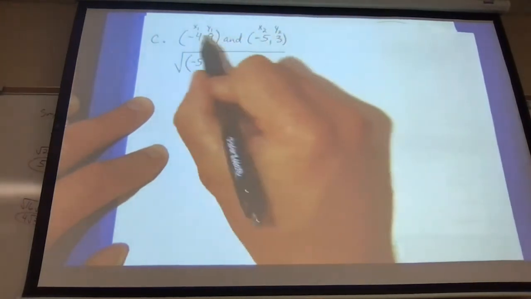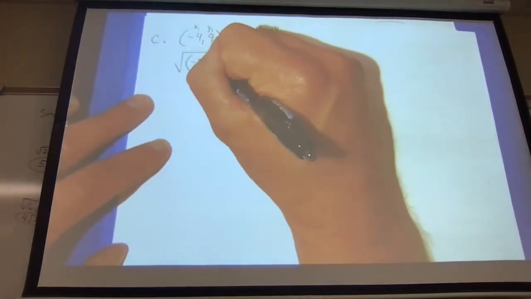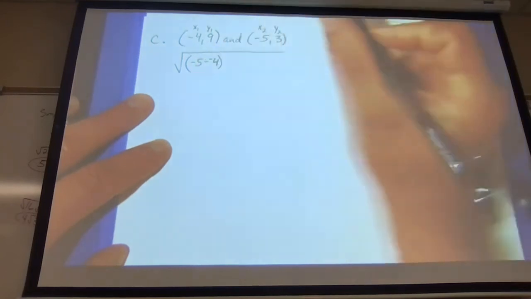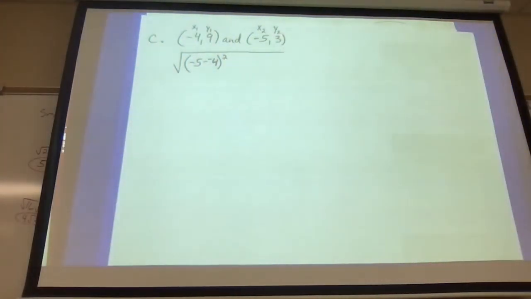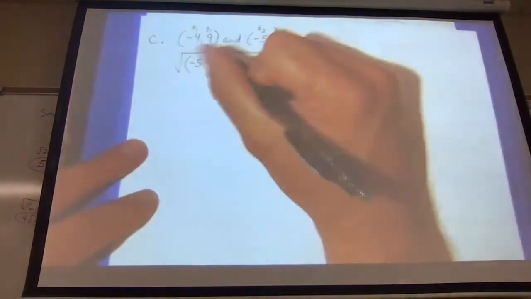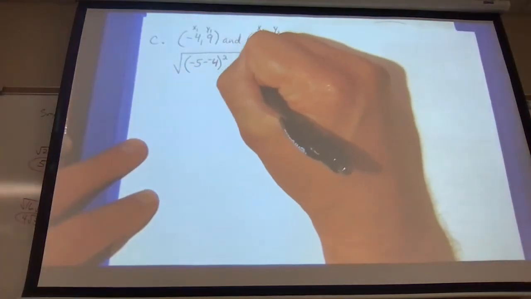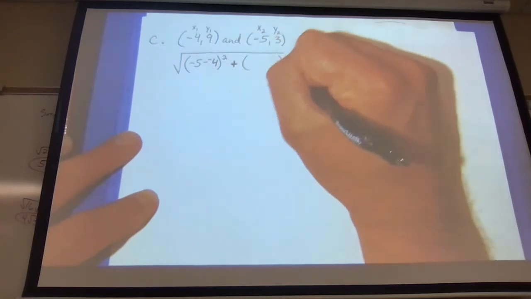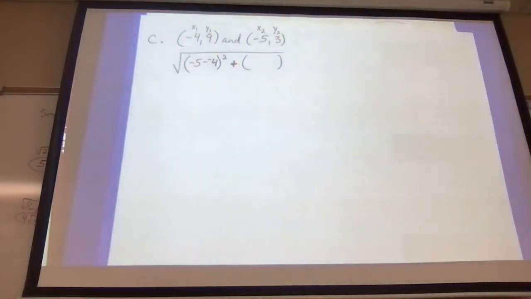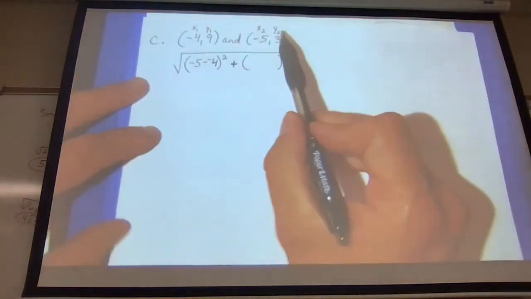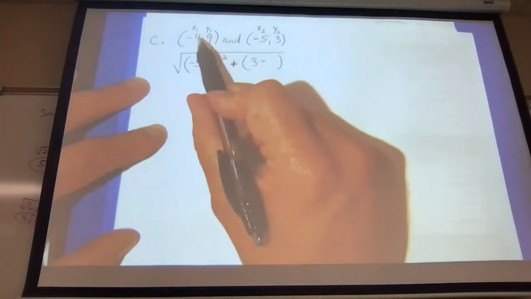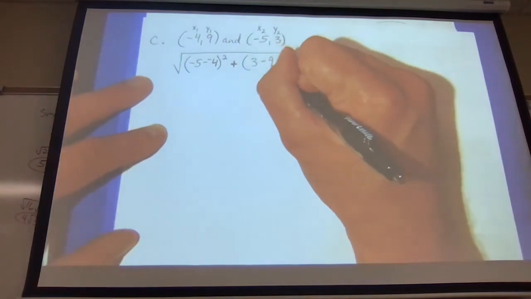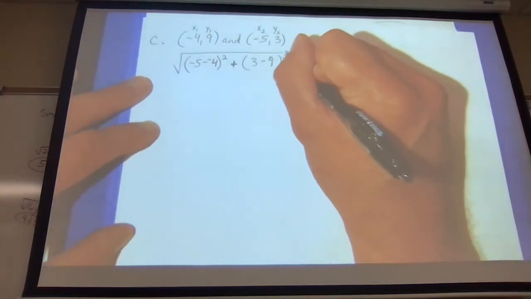We're going to subtract from that x1, which is -4. You've got to square it. In between your parentheses, you're going to have a plus sign. Second set of parentheses, we're going to subtract the y coordinates. y2 minus y1. y2 is 3, y1 is 9. So 3 minus 9 there. We're going to square that also.